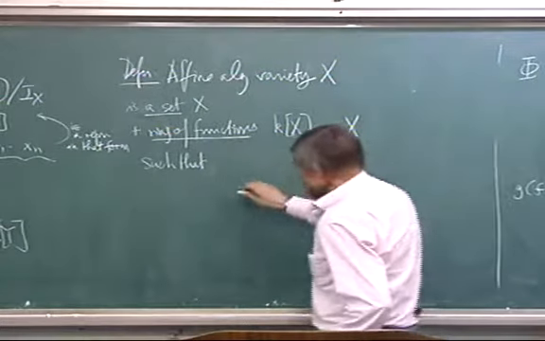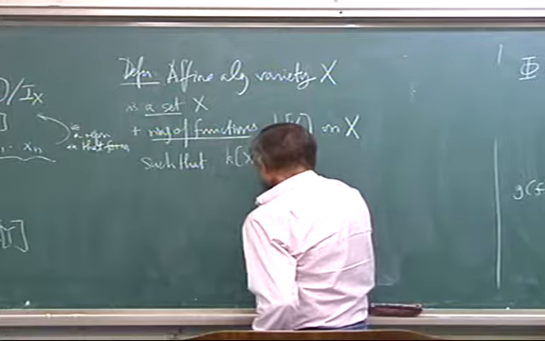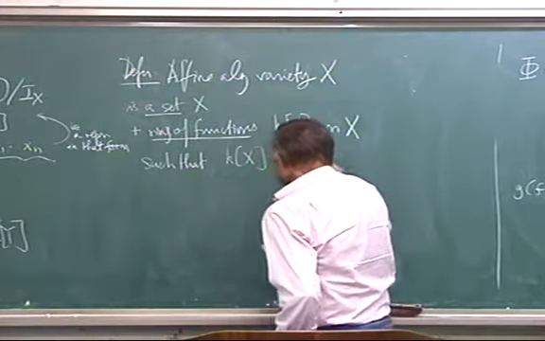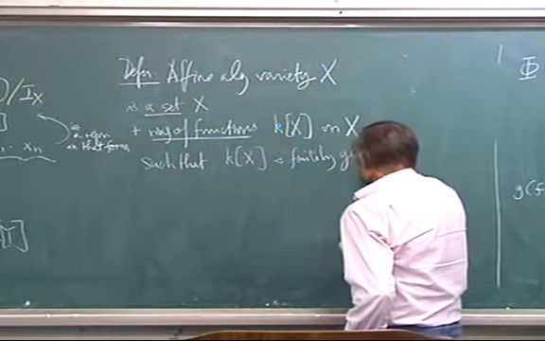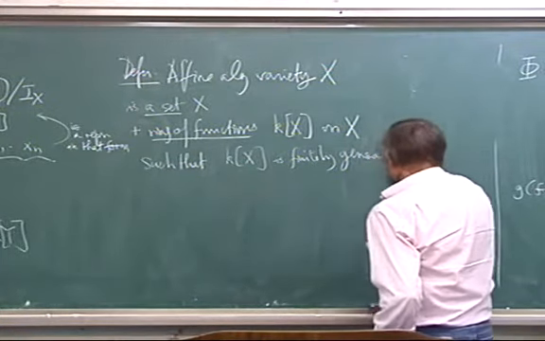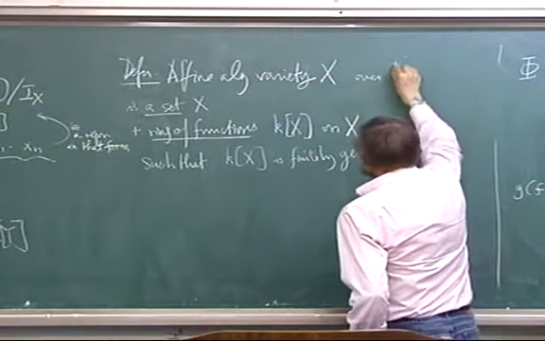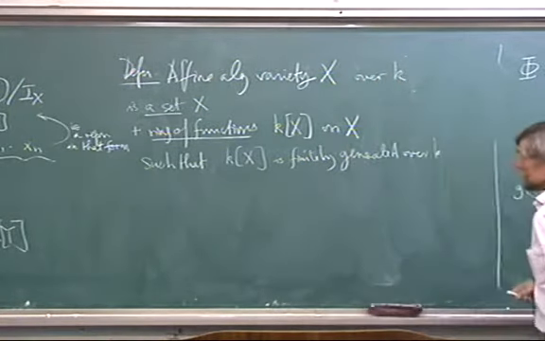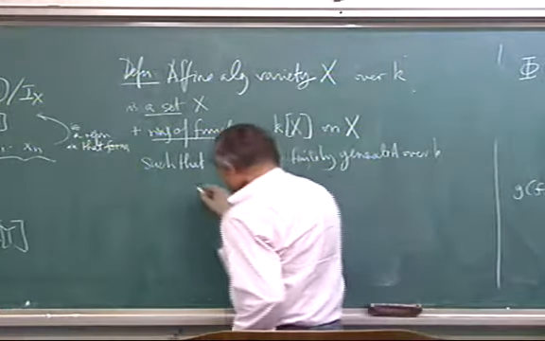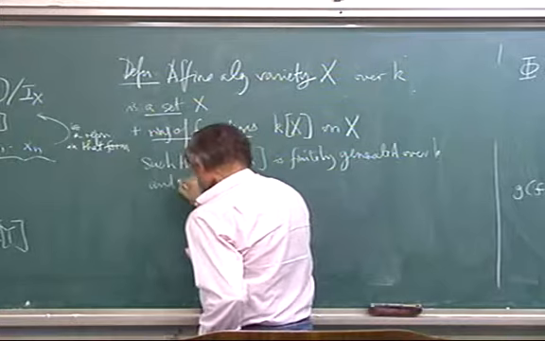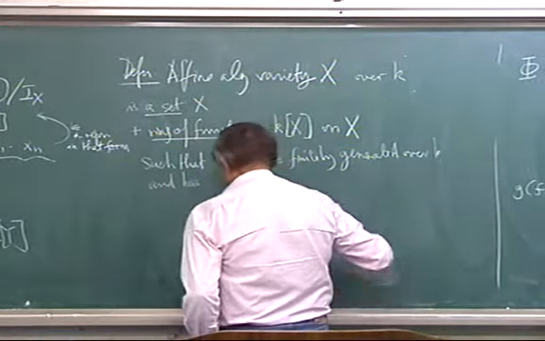A ring of functions such that K of X is finitely generated over k, and is radical.